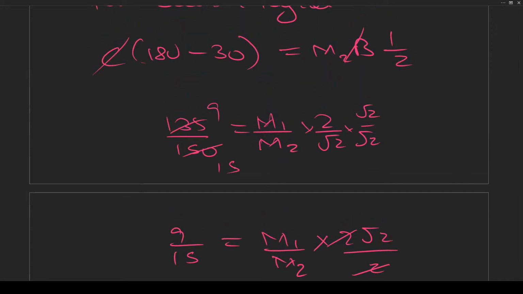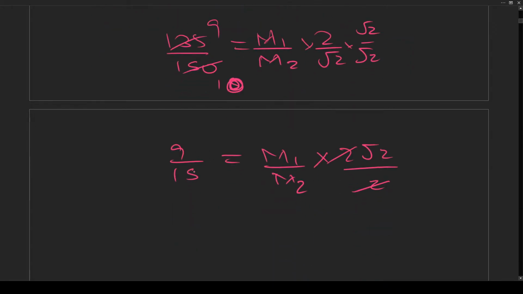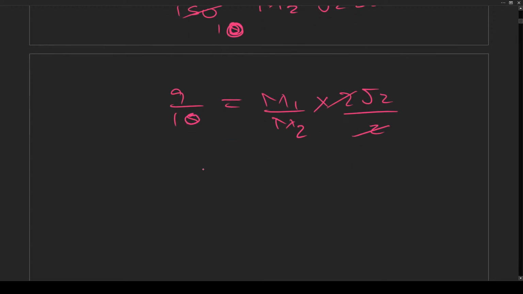Wait a second, this is 10, not 15. So 9 by 10, 9 by 10 root 2, equals M1 by M2.